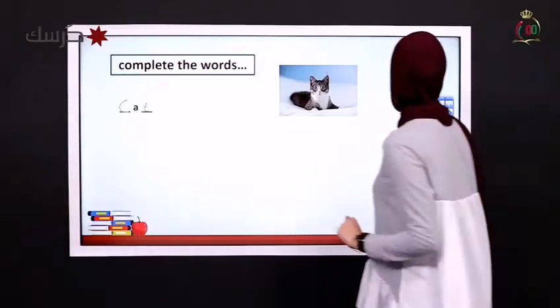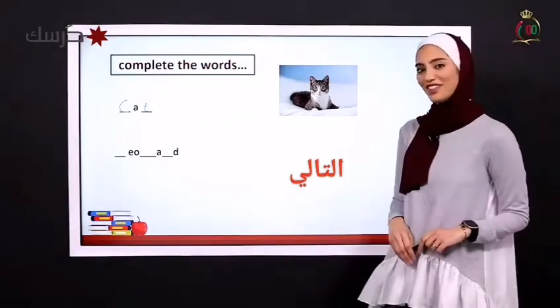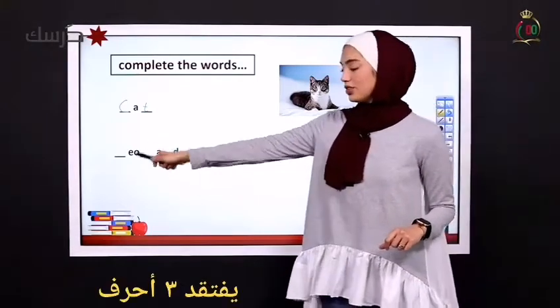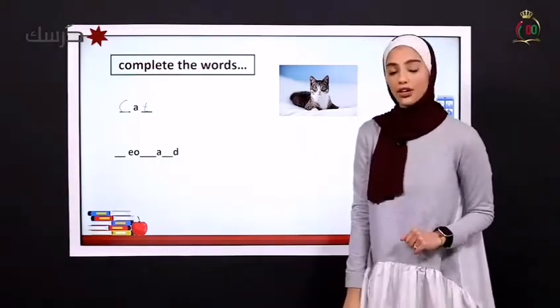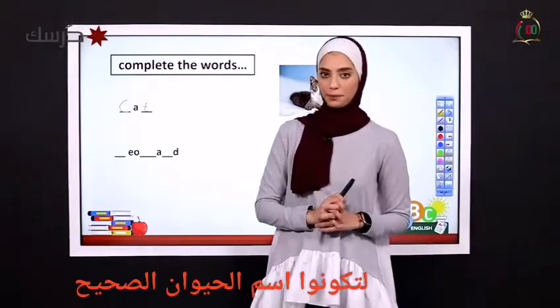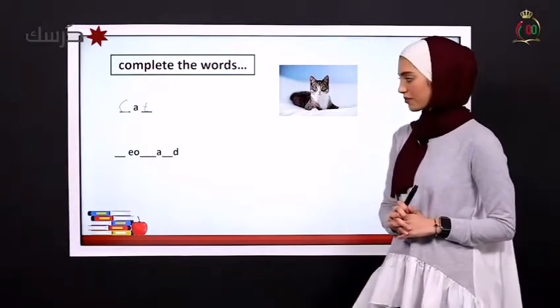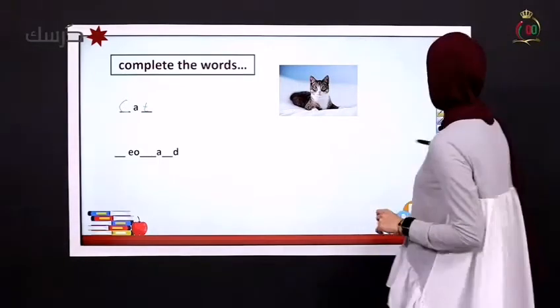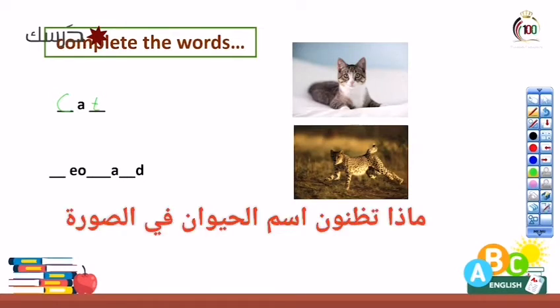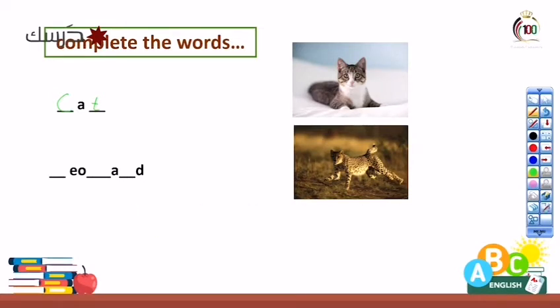Well done. Next. What do you think this animal name is? It's missing 3 letters. I want you now to think of the missing letters to form the correct animal name. Okay, let me show you the picture now. What do you think this animal is? Leopard.